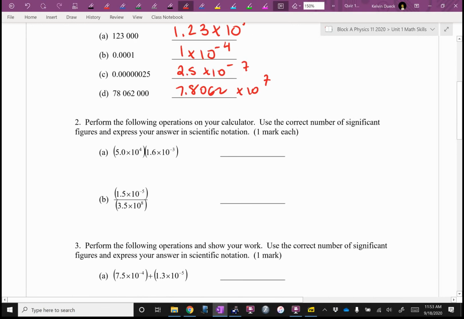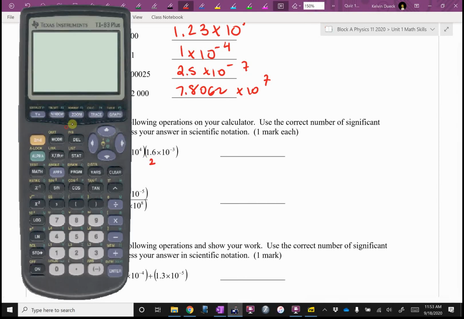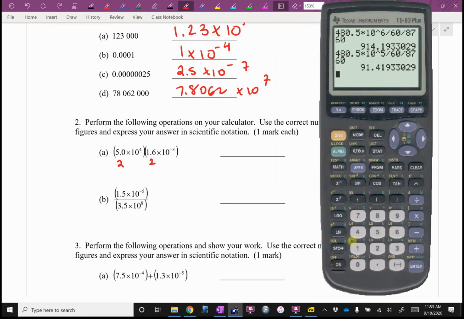Number 2 says, perform the following operations on your calculator. Use the correct number of sig figs. All right, 2 sig figs, 2 sig figs. I'm going to round to 2 sig figs. I go to my calculator. 5.0 times 10 to the 4th times 1.6, scientific notation button, negative 3.